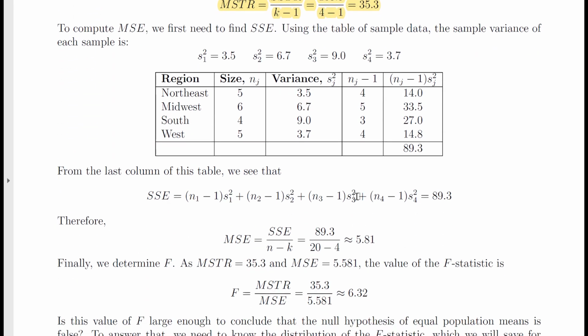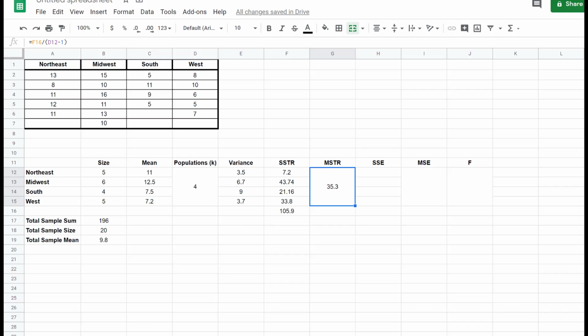The next value that we want to compute is SSE. And SSE is the individual sample size minus 1 times its variance, and we're going to add all those together throughout the list. So we go back over to Google Sheets. This is going to be equal to the sample size minus 1 times the variance.